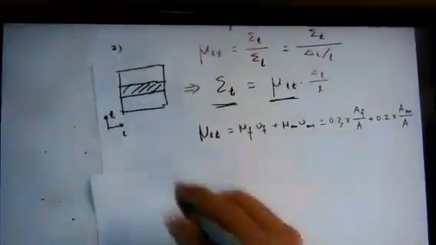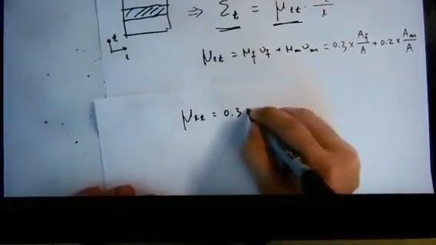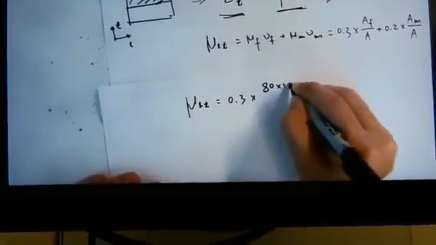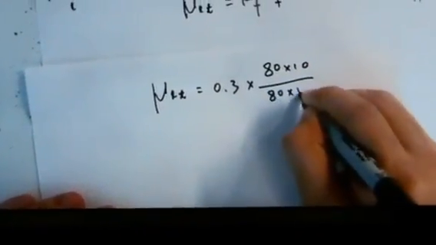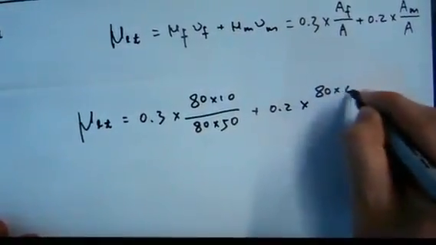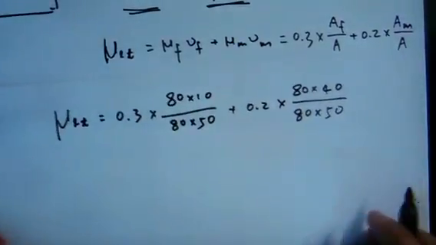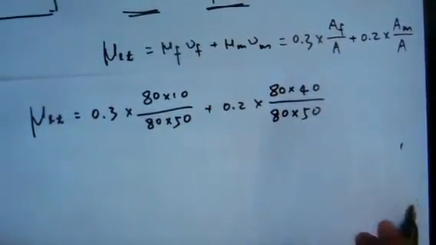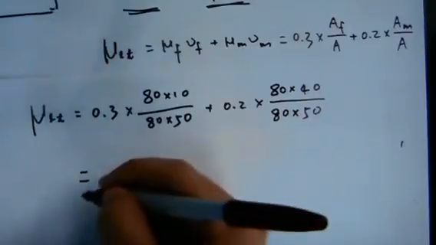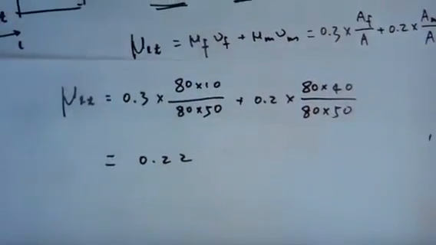So mu LT will be equal to 0.3 times 80 times 50 over (80 times 40 plus 80 times 50) plus 0.2 times 80 times 40 over (80 times 40 plus 80 times 50). This is how we calculate the volume fraction. And mu LT will be 0.22.